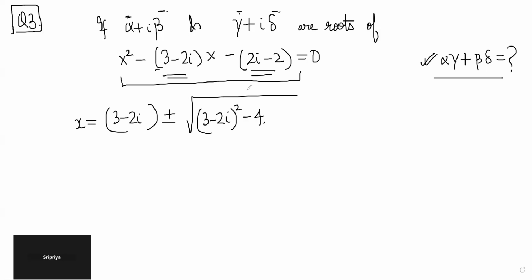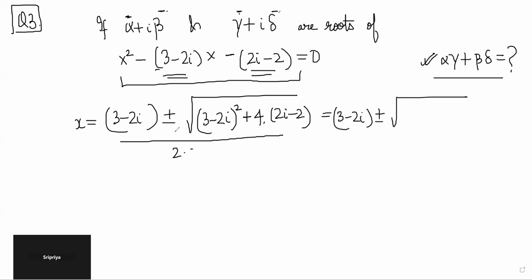4 into 1 into this, so plus 2i minus 2, right? By 2. So inside you have (3 minus 2i) plus minus. This will become 9 plus 4i squared, so minus 4, minus 12i plus 8i minus 8, right?